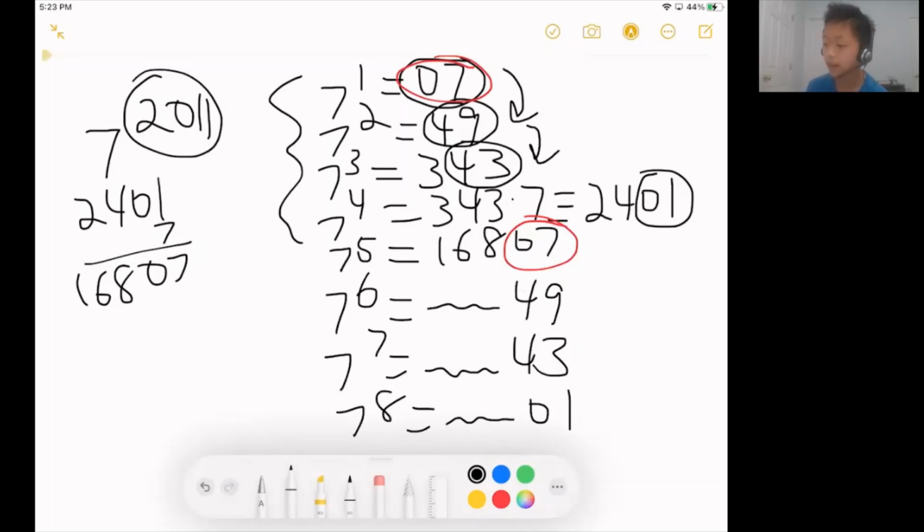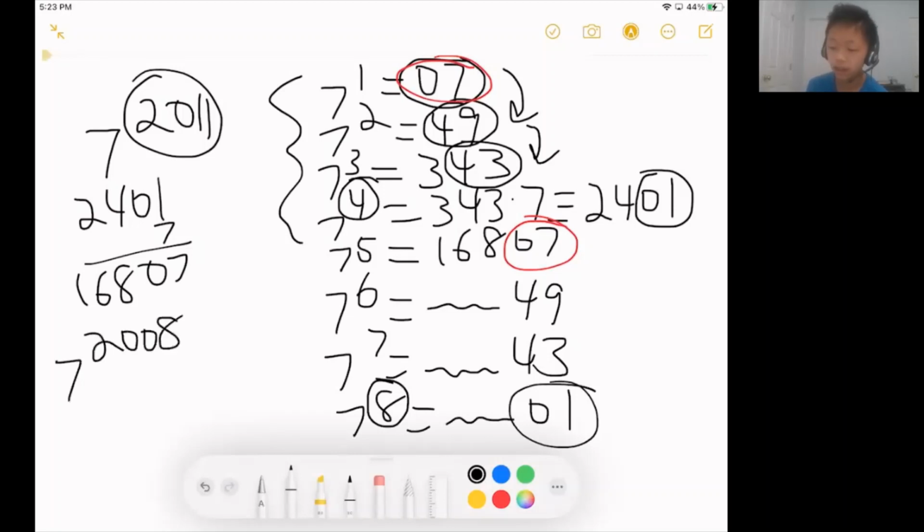And notice that all of the ones with an exponent that's a multiple of 4 will all end in 01. So 7 to the 2008 is a multiple of 4.